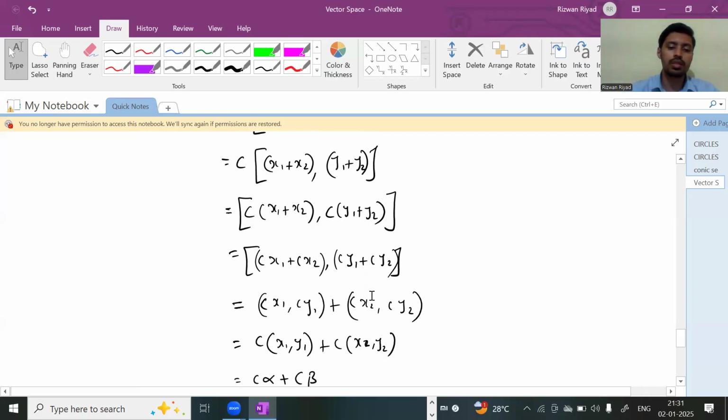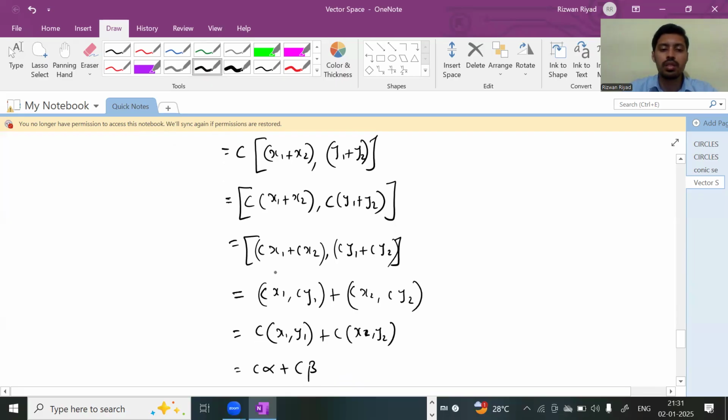That is nothing but (Cx1, Cy1) plus (Cx2, Cy2), the sum of this one is only this one. Cx1 plus Cx2 is what you can see here, and Cy1 plus Cy2 is what you can see here, same sum only. So you can write it in this form, and that's how we get this step.